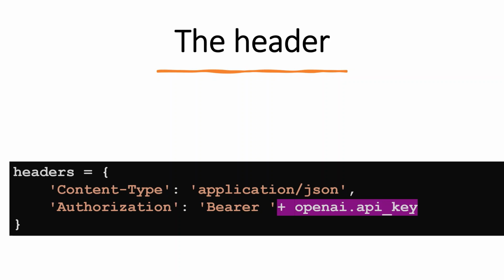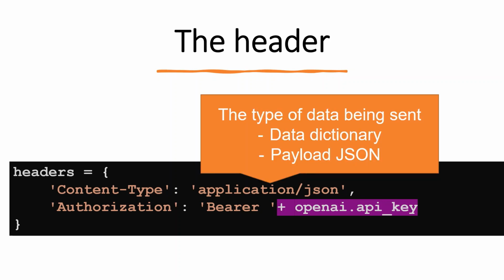The code we provided shows a dictionary called headers with two key value pairs. Content type takes the value application/JSON. This specifies the type of content that we are sending as request, and in this case we are sending JSON data.